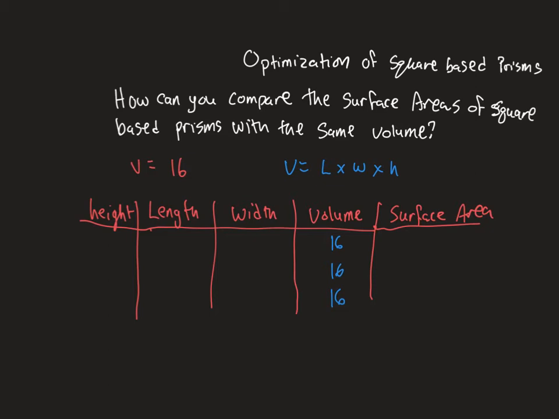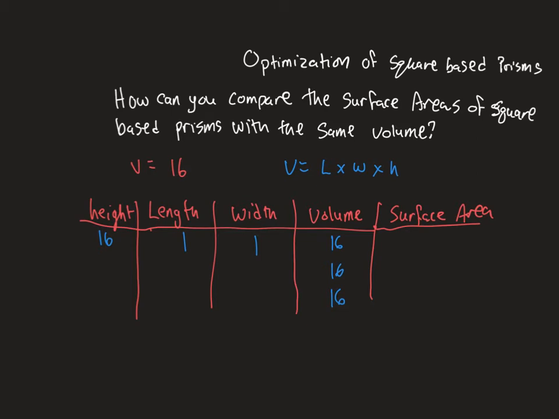So let's say my length and width were both 1. Okay. Well, 1 times 1, that's not 16, which means my height would have to be 16. So 1 times 16 will give me 16. That works.